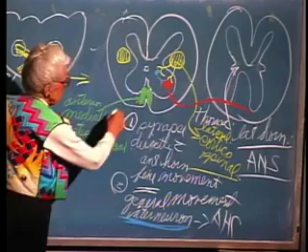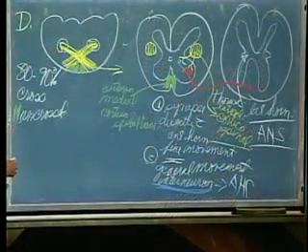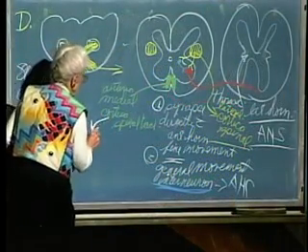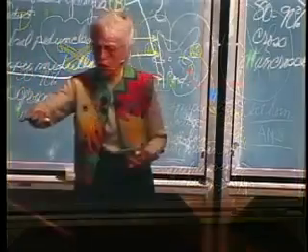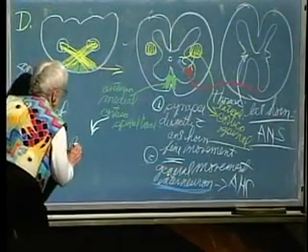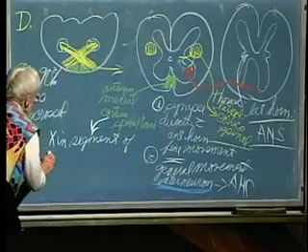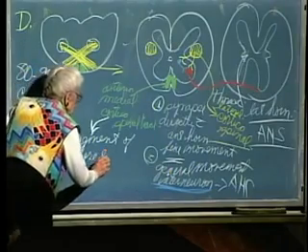Now you say, well, what about this other 10 to 20% that hasn't crossed yet, that's down here in our anterior cortical spinal tract? Well, those fibers will cross at the segment of cord where they exit the cord.